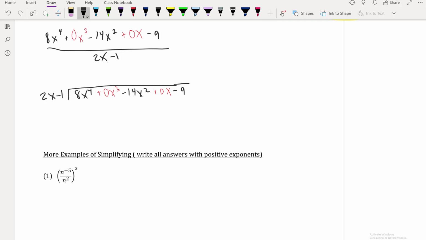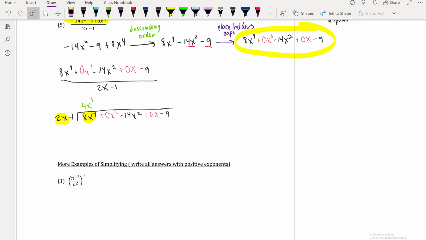So I'm going to go ahead and deal with this 2x and this 8x to the 4th to start off with. Well, 8 divided by 2 is 4. X to the 4 divided by x will be an x to the 3rd power. So remember, I'm going to have my designated scratch work.